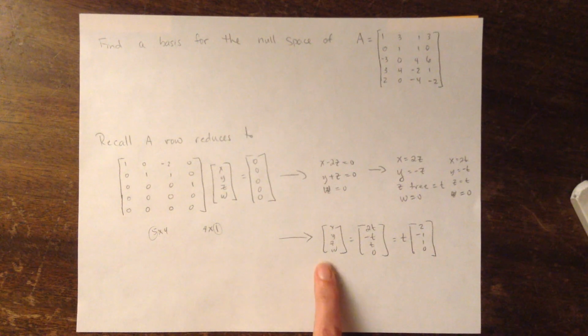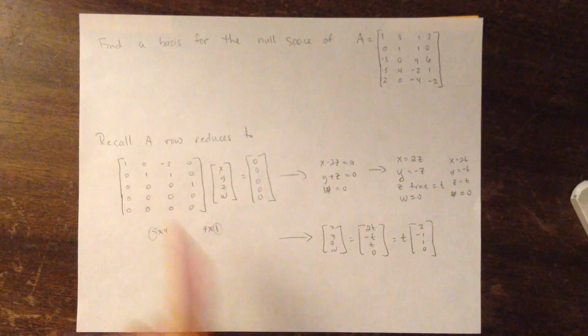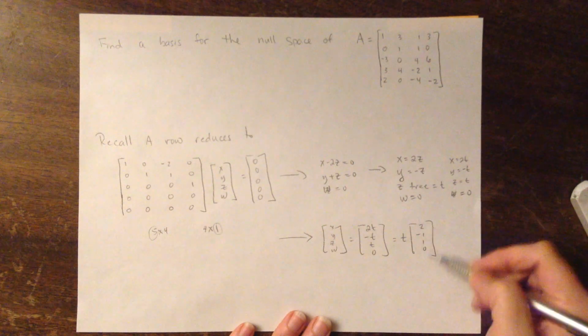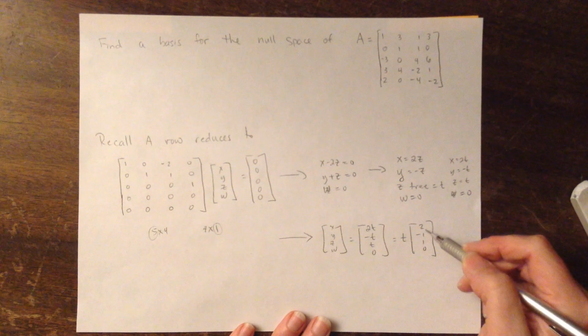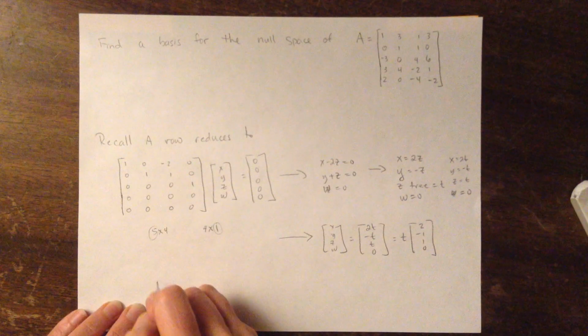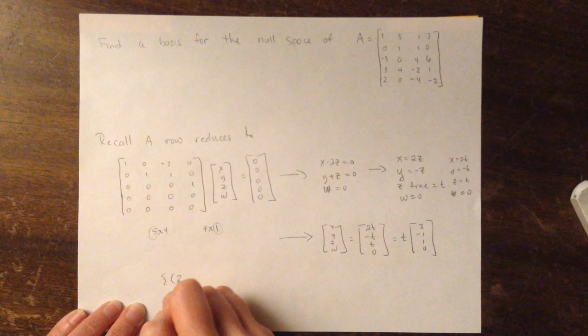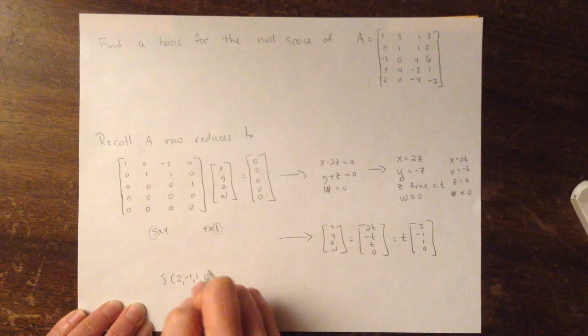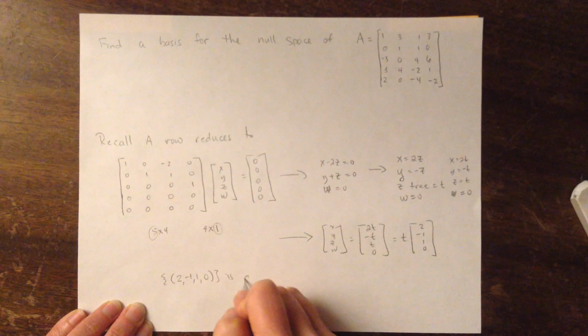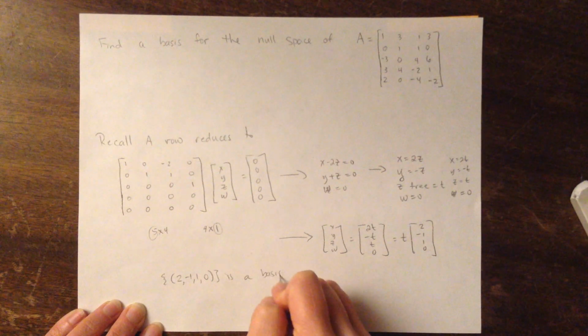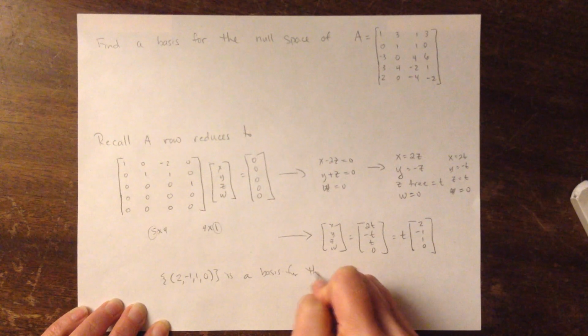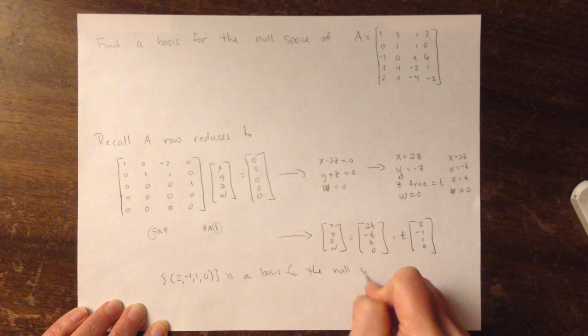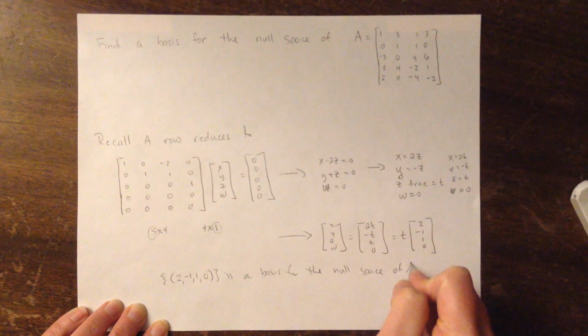So all the vectors that are in the null space of this matrix are scalar multiples of 2, negative 1, 1, 0. So the set that contains 2, negative 1, 1, 0 is a basis for the null space of A.